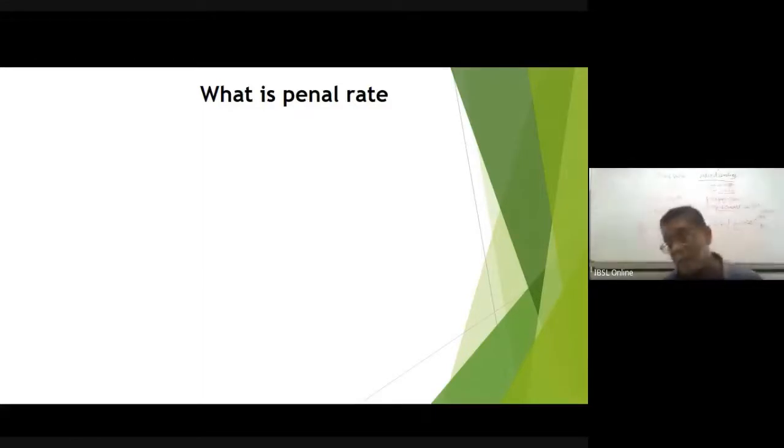Earlier we had only a maximum of 2%. Now they have taken that out, and a bank can charge a reasonable amount. But now again, due to some factors, the government asked banks not to charge any penal rate from customers.